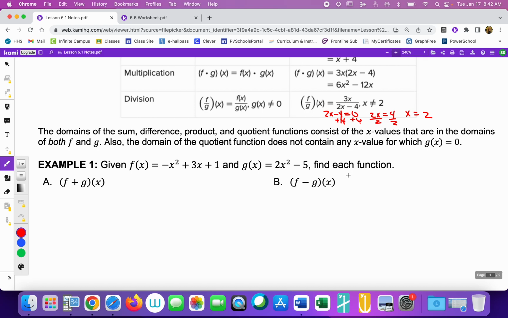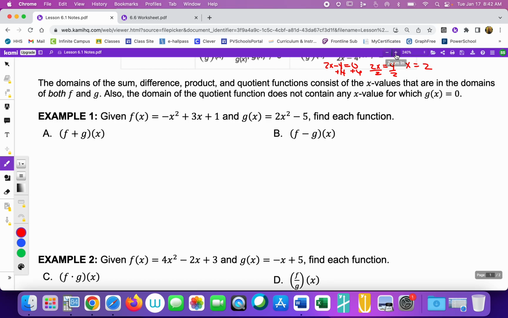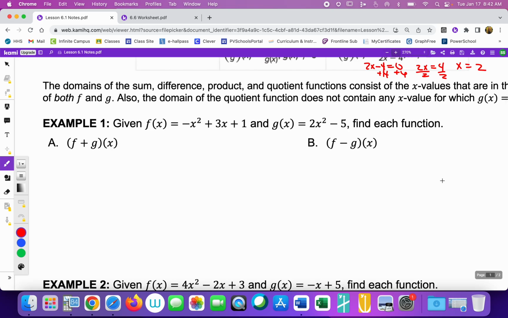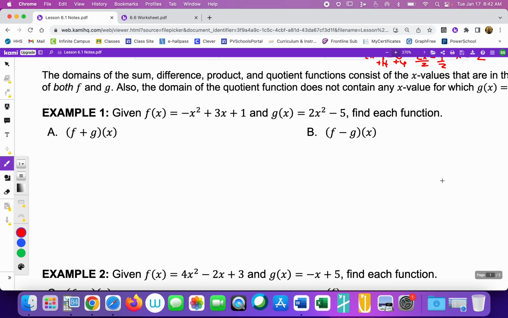So we're just going to start off doing some operations here. If you see f plus g of x, that's the same thing as the f function plus the g function. So the f function would be the negative x squared, it's right here, plus 3x plus 1, added to the g function, 2x squared minus 5. Now with addition, the parentheses are optional because they're not going to affect anything.